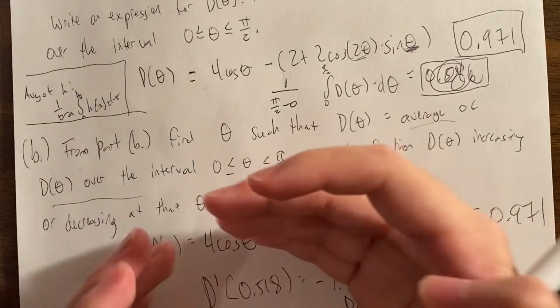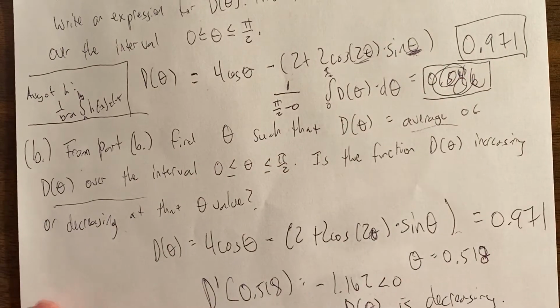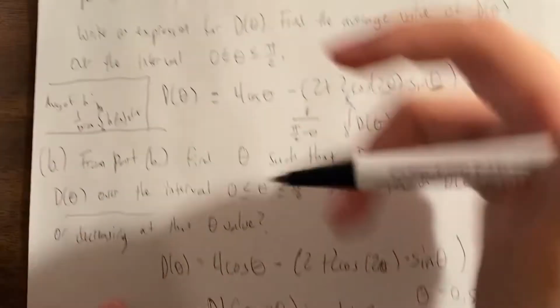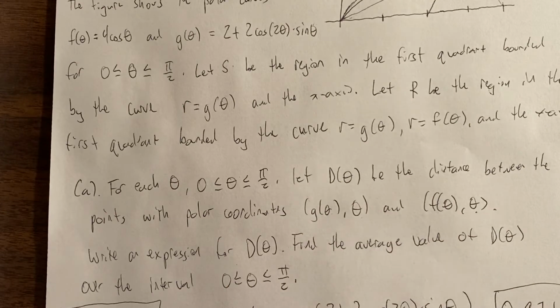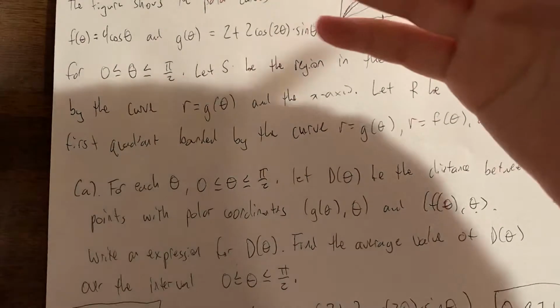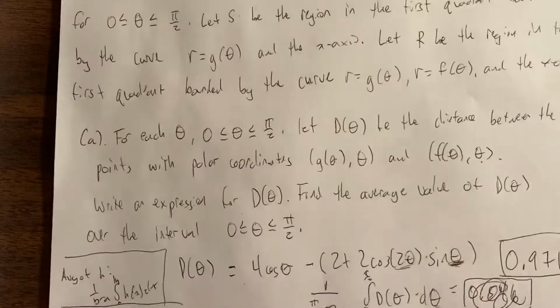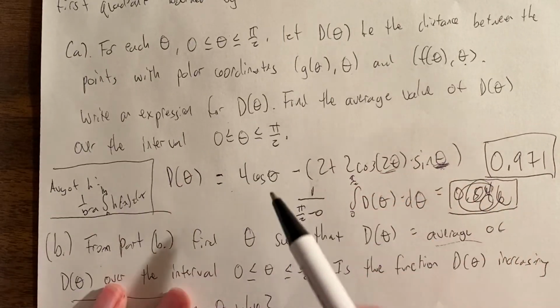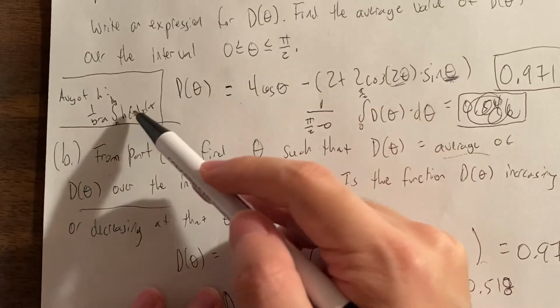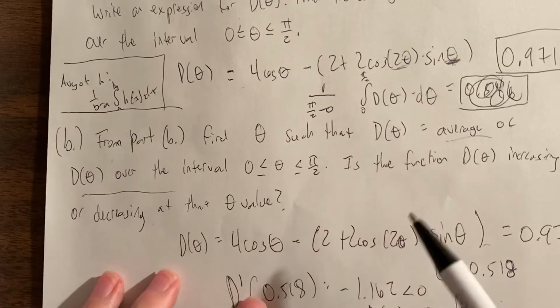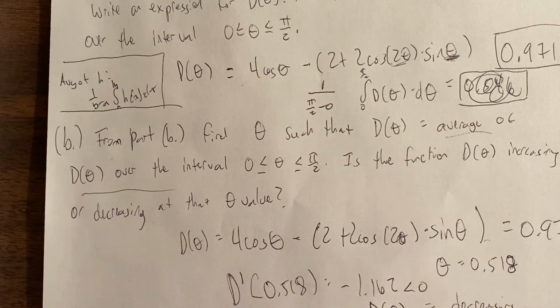Then we had to use it as an equation, and then finally we had to take its derivative. So again, not your normal polar questions, but if you can stick to the guns that you know, both from polar and from the other parts of calculus, we should be fine. We know the distance formula, that's one minus the other. We also know the average value formula, and we know that derivatives tell you if something is increasing or decreasing.